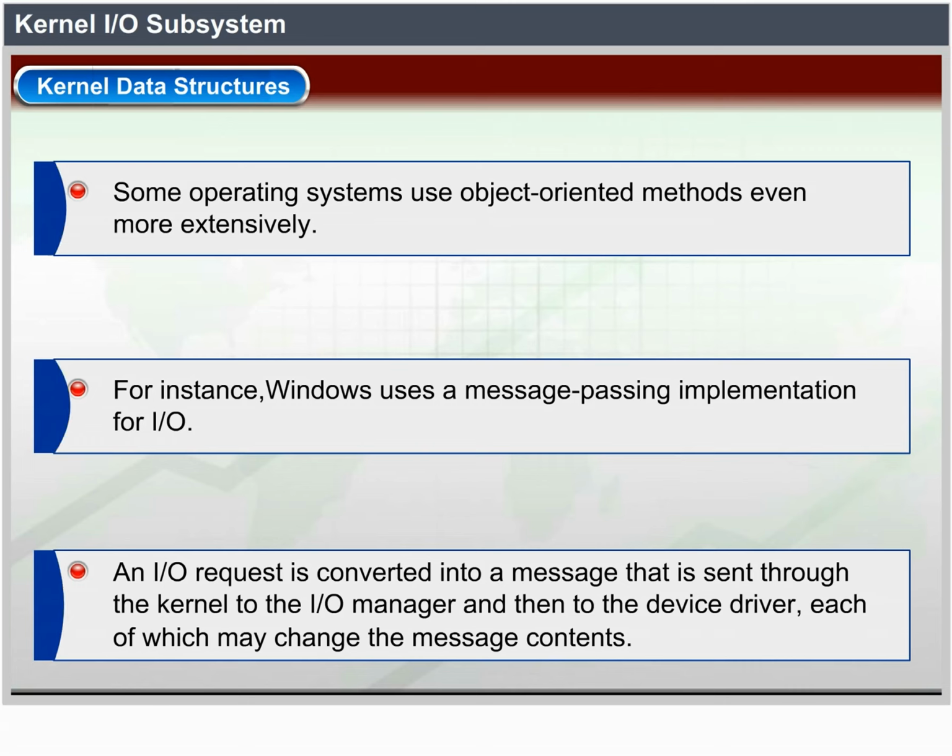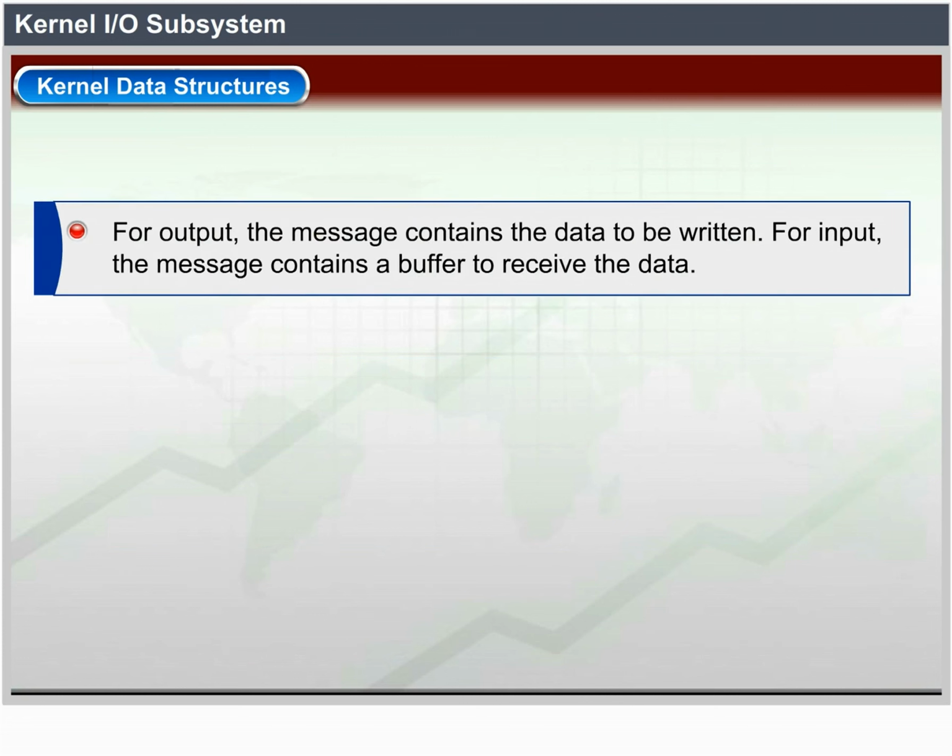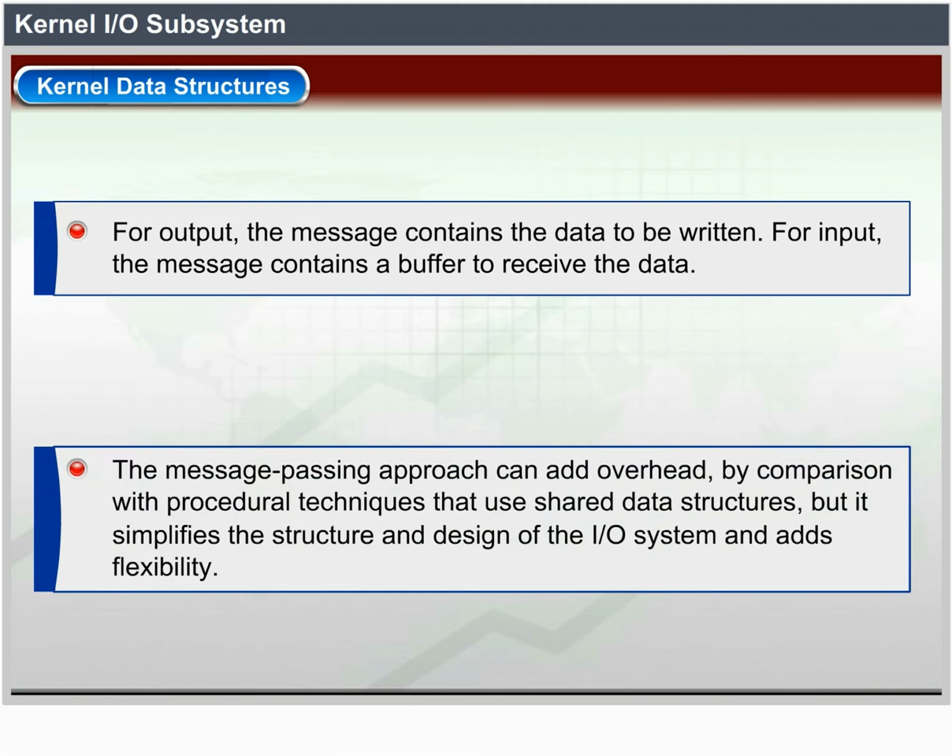For output, the message contains the data to be written. For input, the message contains a buffer to receive the data. The message passing approach can add overhead by comparison with procedural techniques that use shared data structures, but it simplifies the structure and design of the input-output system and adds flexibility.